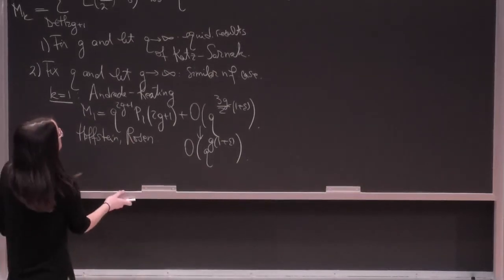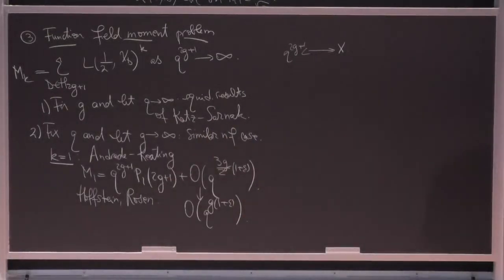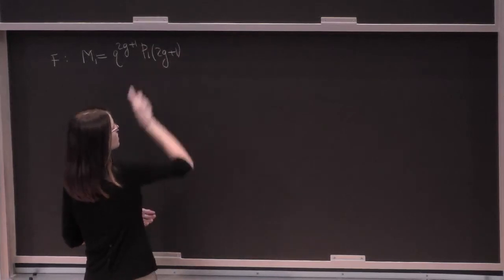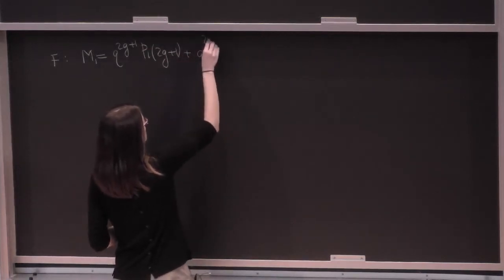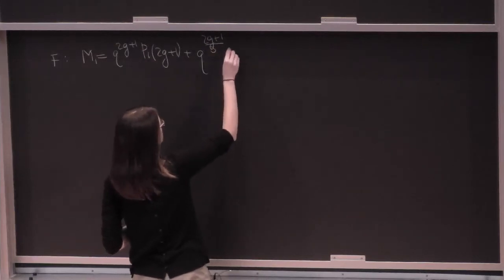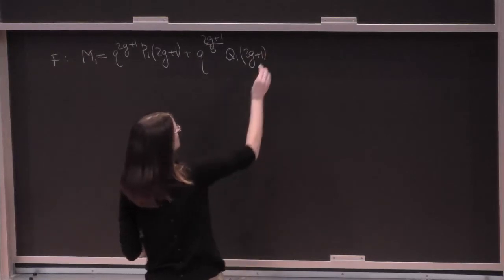So if we are interested in the precise size of the error, then we can prove the following result. We can show that the first moment is asymptotic to this polynomial plus an explicit term of size q^((2g+1)/3) times another linear polynomial in 2g+1.